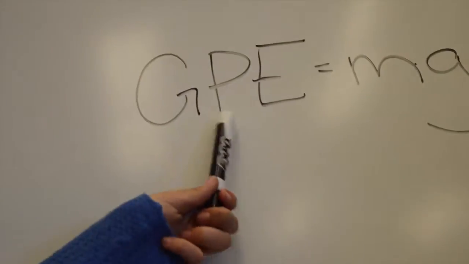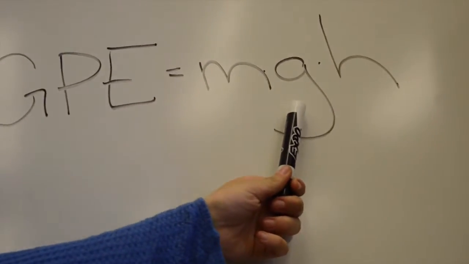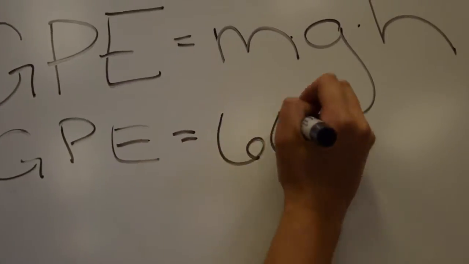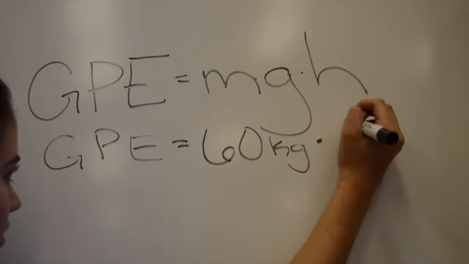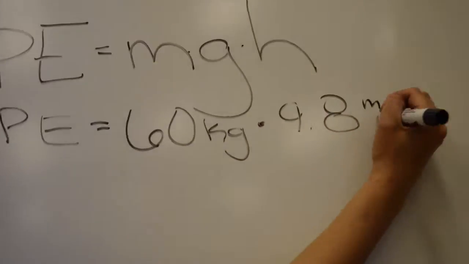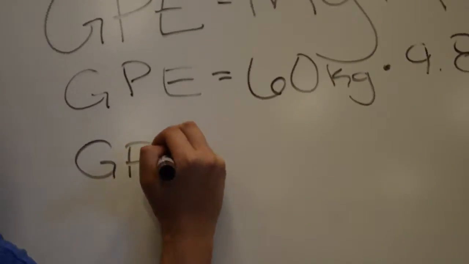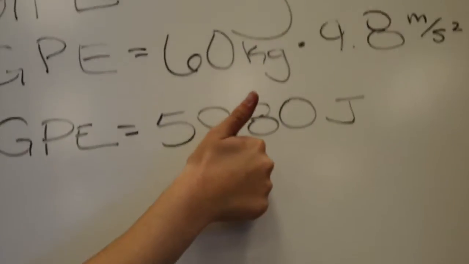Her GPE is equal to her mass times the acceleration due to gravity times the height. What does this tell us?